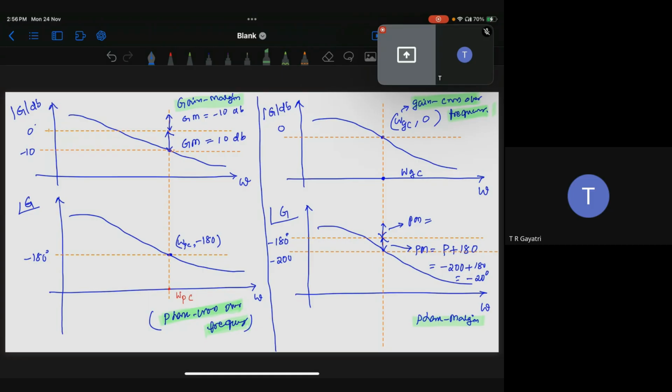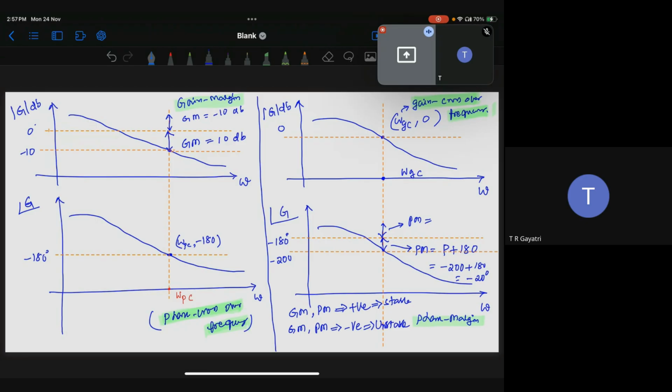These two are very important, gain margin and phase margin. Using these two, we will decide the system stability. Generally, if the gain margin and phase margin are positive, we say that the system is stable. If gain margin and phase margin are negative, we say the system is unstable.